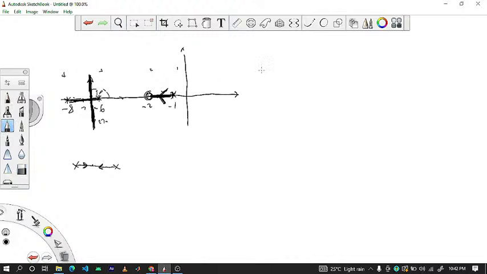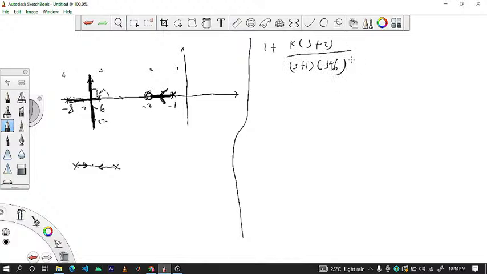Right. So I'm having it like this. We were given the characteristic equation to be 1 plus K(S plus 2) over (S plus 1)(S plus 6)(S plus 8).